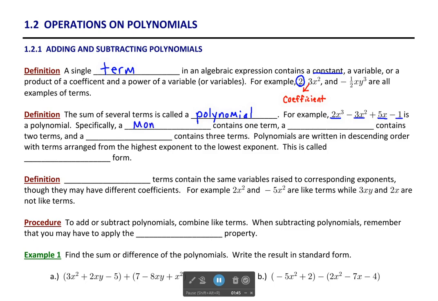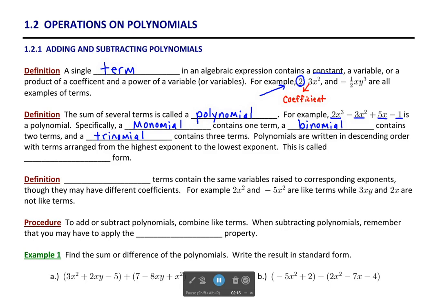Specifically, a monomial, notice the prefix mono, meaning one, contains one term, like all of our examples up here. A binomial, the prefix bi means two. Binomial contains two terms, and a trinomial, as you can imagine, contains three terms. When we have a polynomial with 4 or more terms, we simply refer to it as a polynomial.